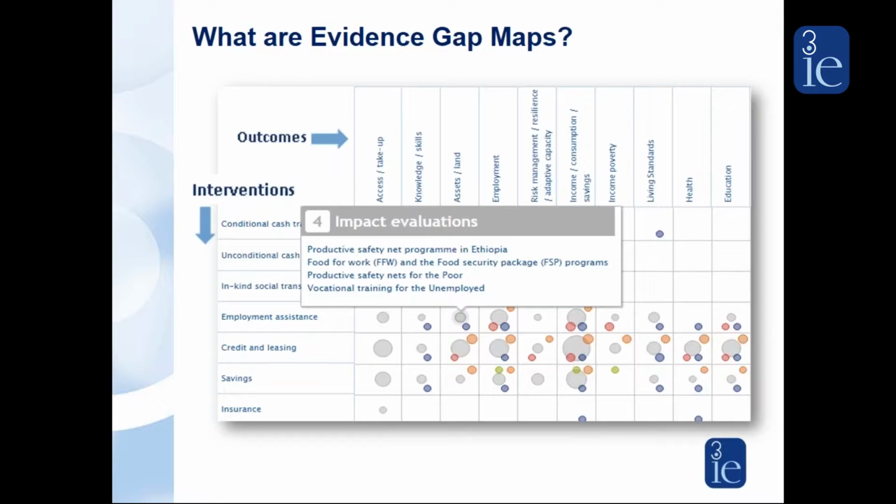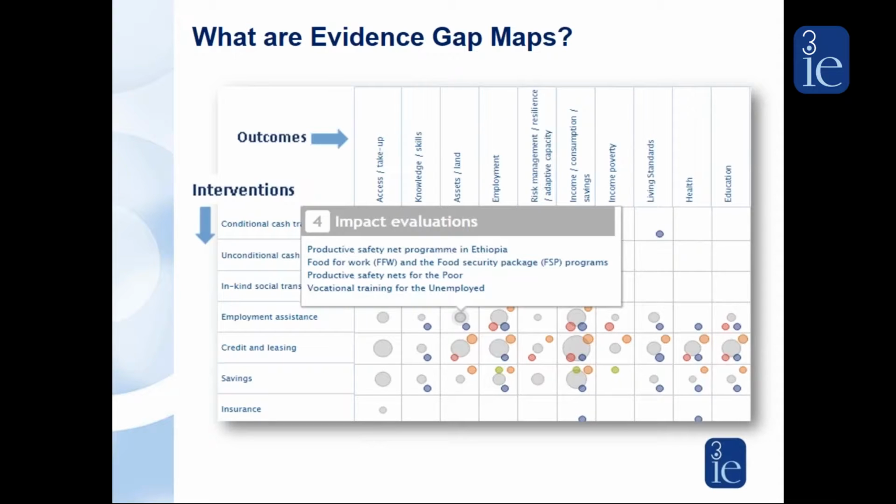The bubbles that you can see in this framework represent studies, and the size of the bubble indicates the size of the evidence base, and the colors of the bubbles indicate the type of studies. So the gray bubbles are primary studies, so impact evaluations, and the colored bubbles are systematic reviews.